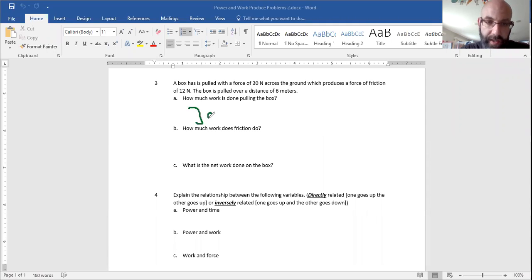So 30 times 6 is 180 joules. That's how much is pulling the box. Friction, though, is also doing its own work, because friction produces a force of 12 newtons for the 6 meters as well. So that's 72 joules.